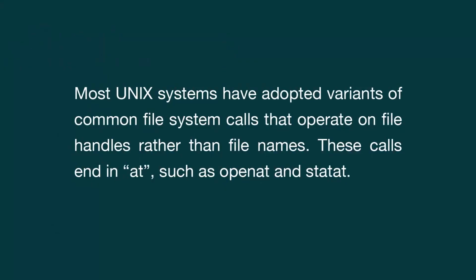Most Unix systems have adopted variants of common file system calls that operate on file handles rather than file names. These calls end in "at", such as openat and statat. Because file handles are a private mapping to a file, they cannot be changed by another program and so are not subject to race conditions with other applications.